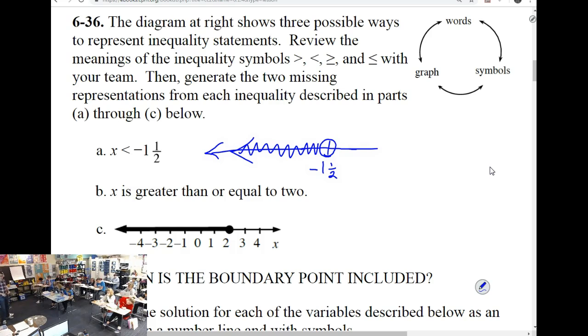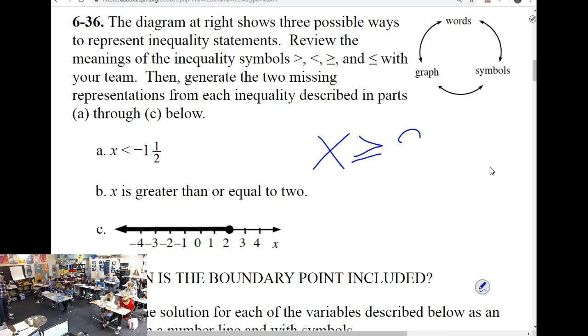Joey, what about B? Yeah, so really when we read it out loud, it just tells us how to make it, right? So x greater than or equal to 2. I'll give you that part, but how do I make that graph? Okay, so for the graph, there at least needs to be a positive 2 there. And then you're gonna put the circle above the 2, and then you're gonna put an arrow on left.